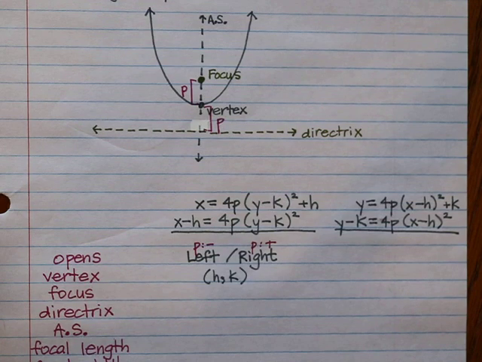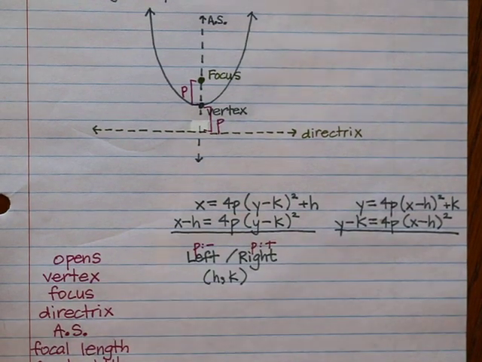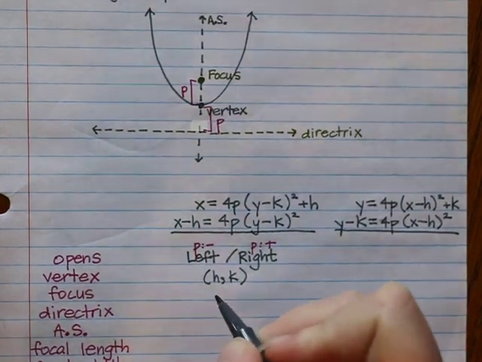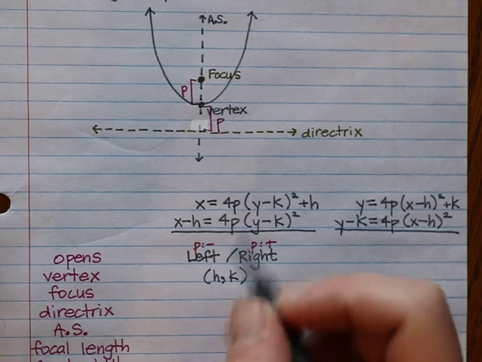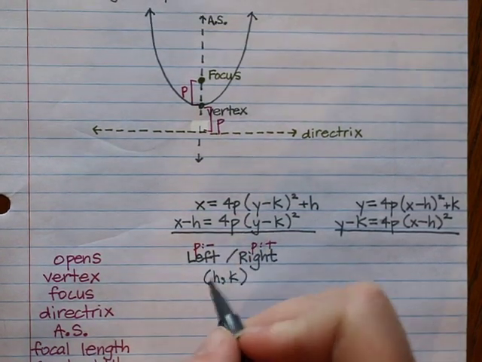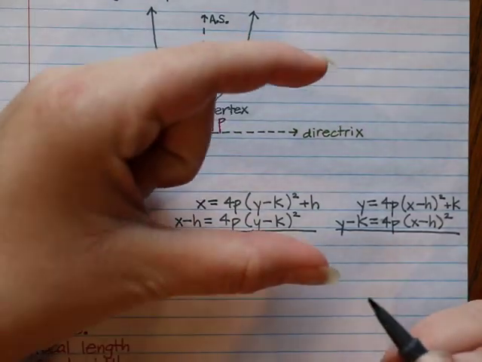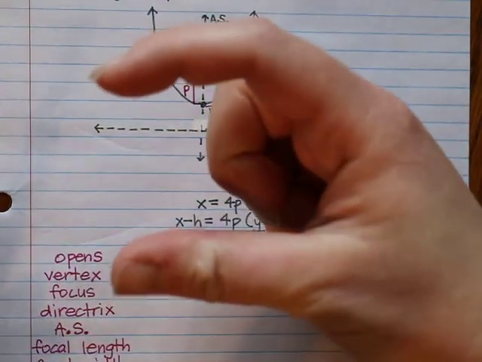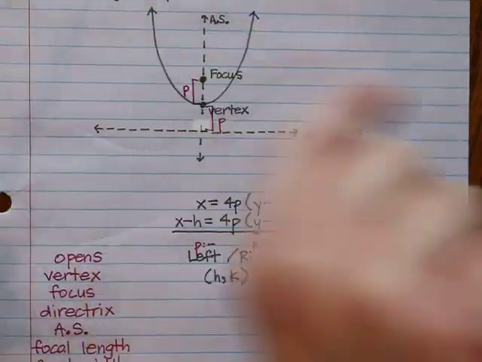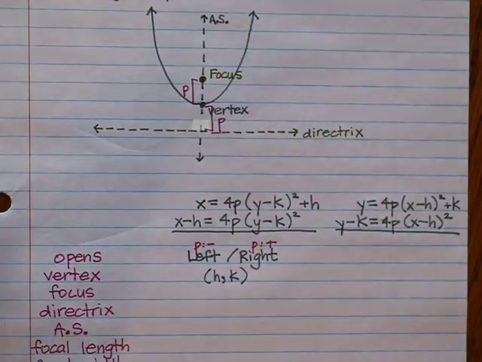Now, we're going to talk about focus and directrix. The focus lives inside the parabola. So we're going to be moving with a parabola that's shaped kind of like this or like this. And so we're going to be moving our focus left or right further inside the parabola.